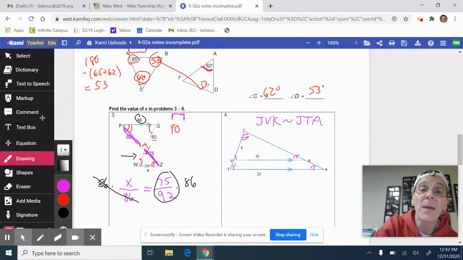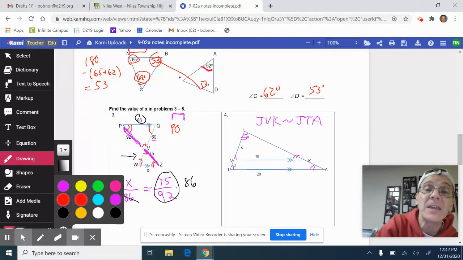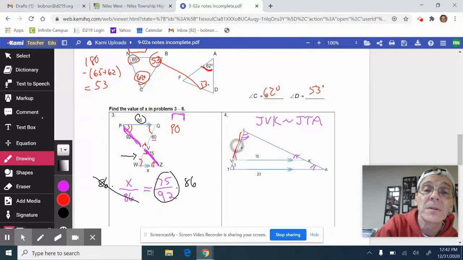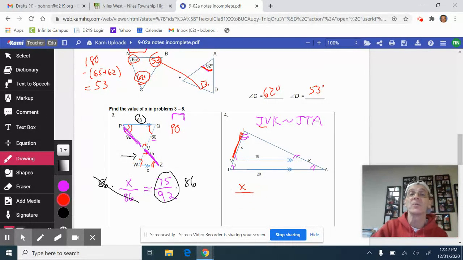So I'm looking for X, and X corresponds to segment JV. Do you see that? X corresponds to the JV. So I'm going to start a ratio with an X, and what does that correspond to? Not 3. I mean, if you're thinking the X corresponds to 3, segment JV corresponds to segment JT.